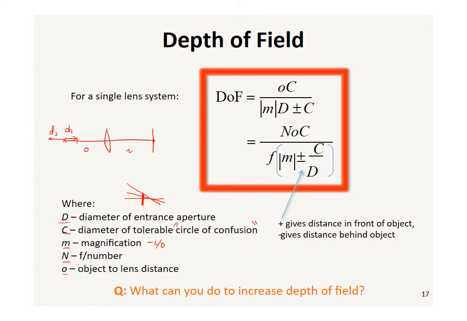In general, d1 is not the same as d2, and we'll still get a satisfactorily small blur on our imaging plane. So the total depth of field is given by d1 plus d2. In these expressions, if we use the plus sign in the denominator, that's going to give us d1. The minus sign is going to give us d2.